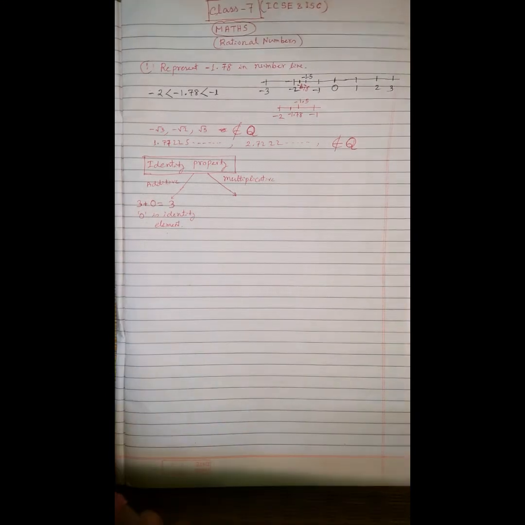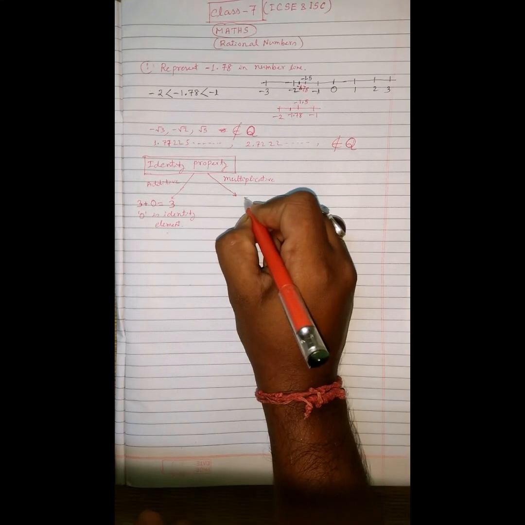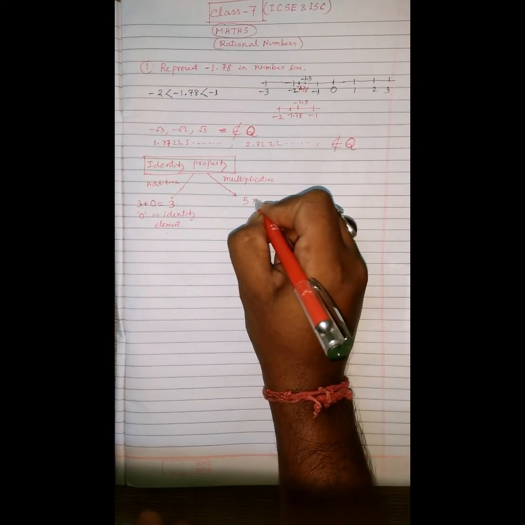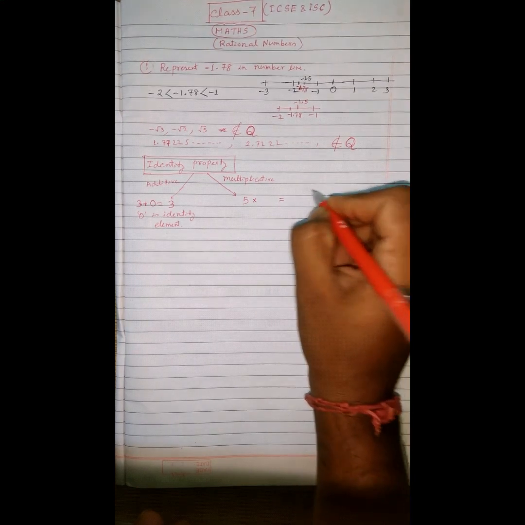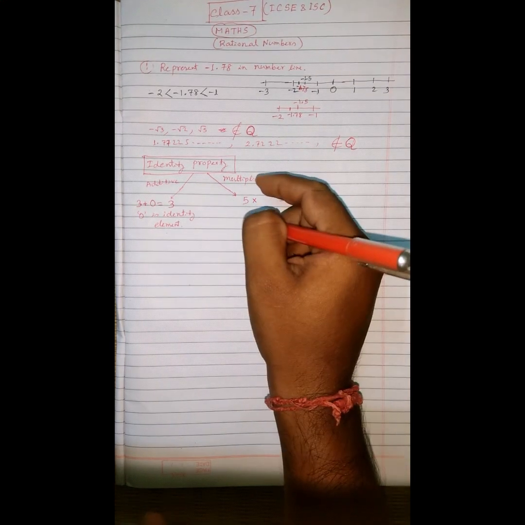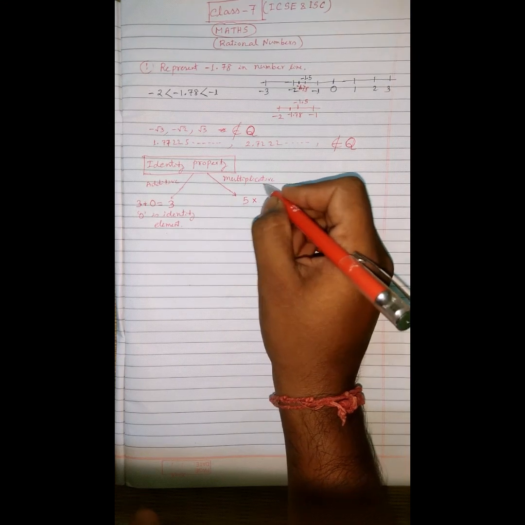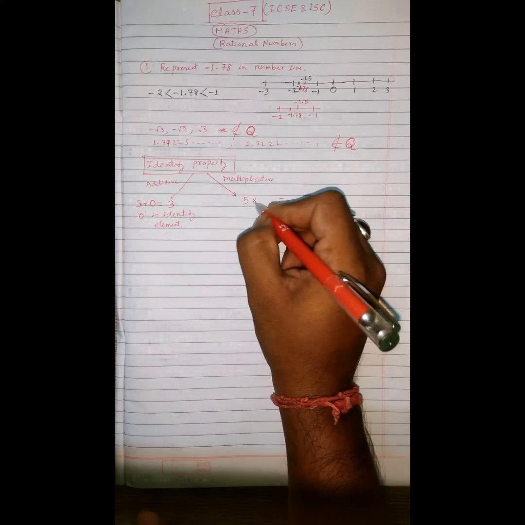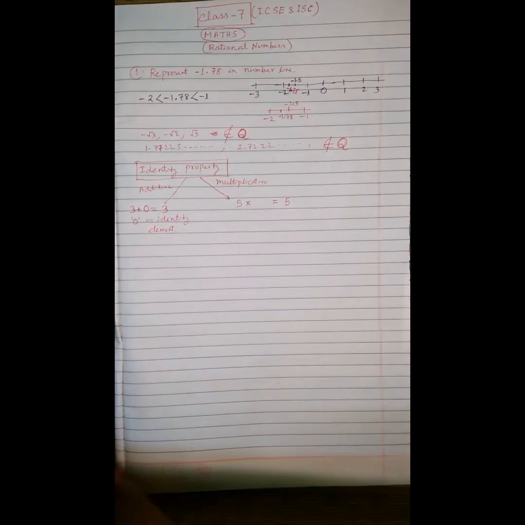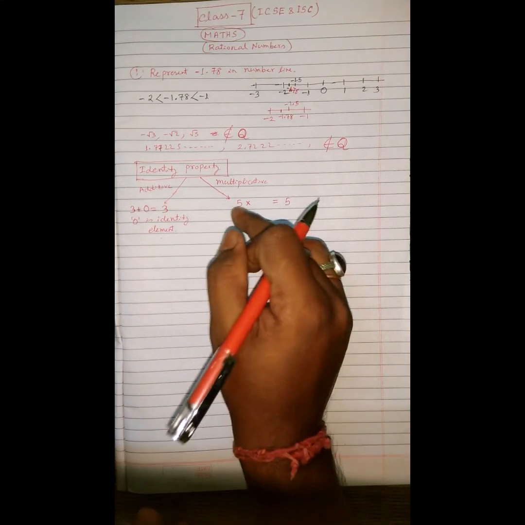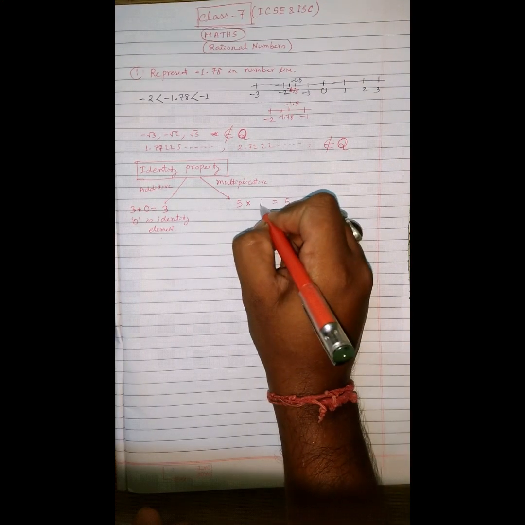Now the multiplicative identity property. If any number is 5, what should we multiply with 5 so that 5 will come again? Obviously 1.